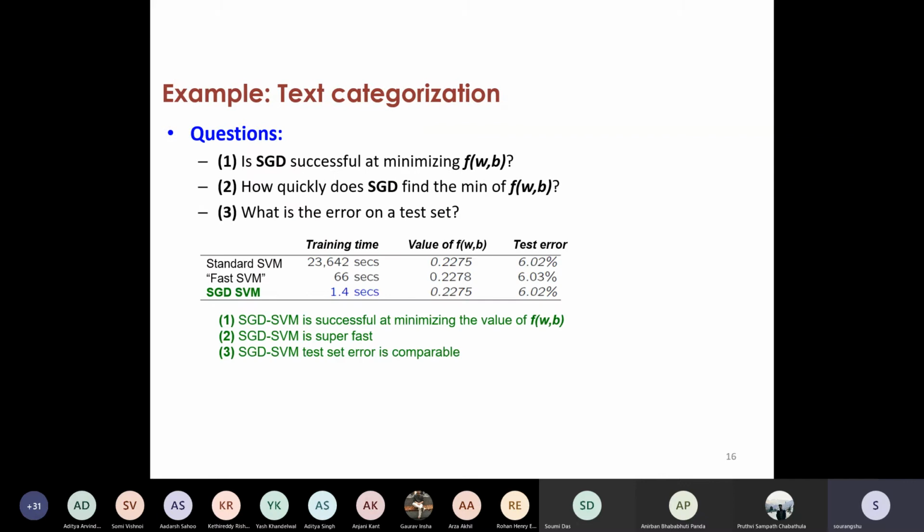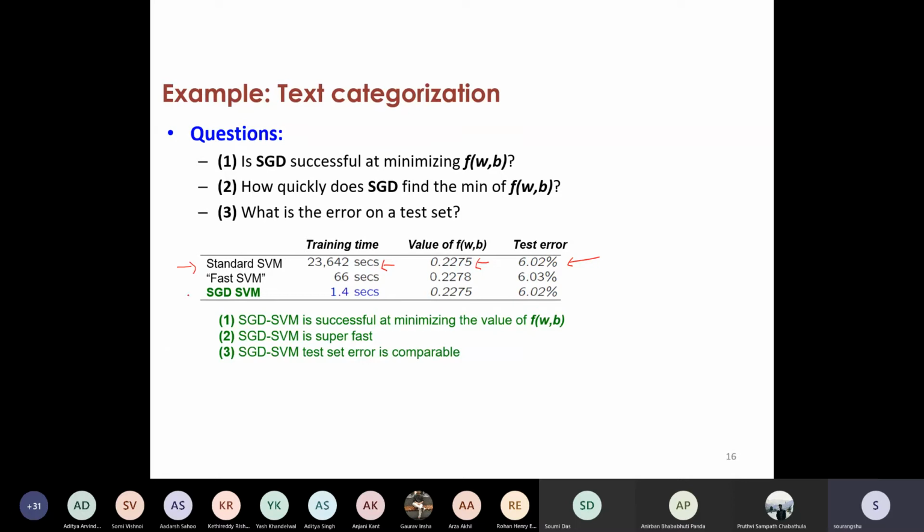So here is the result. You can see that the first row corresponds to standard SVM, and it is taking some 23,000 seconds. Here is the final optimal loss function value and here is the final test error.